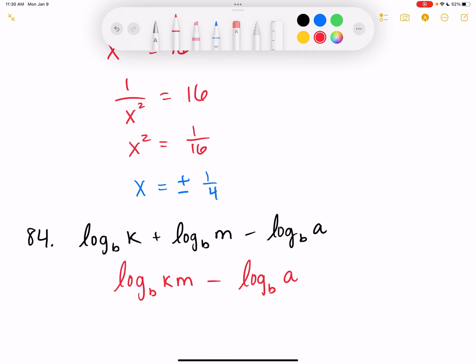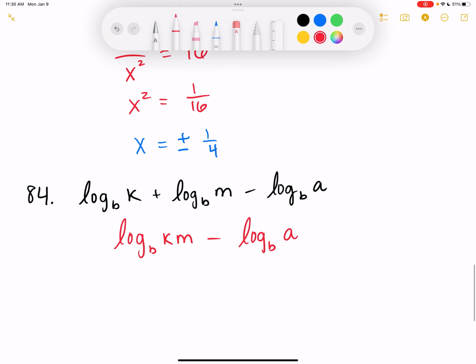When we do the log of a quotient, whatever's written after the minus sign always goes on the bottom of the fraction. So this would be log base b of k times m divided by a. And that's as simplified as you can get.